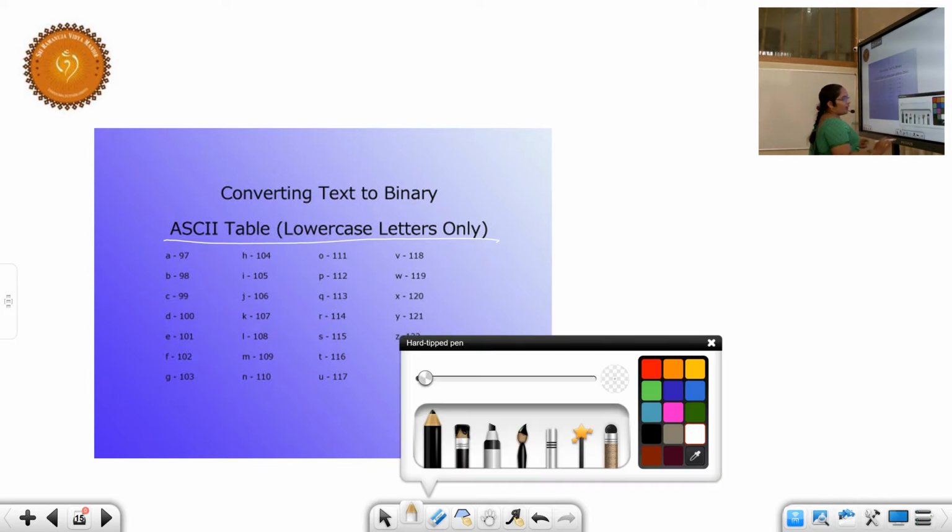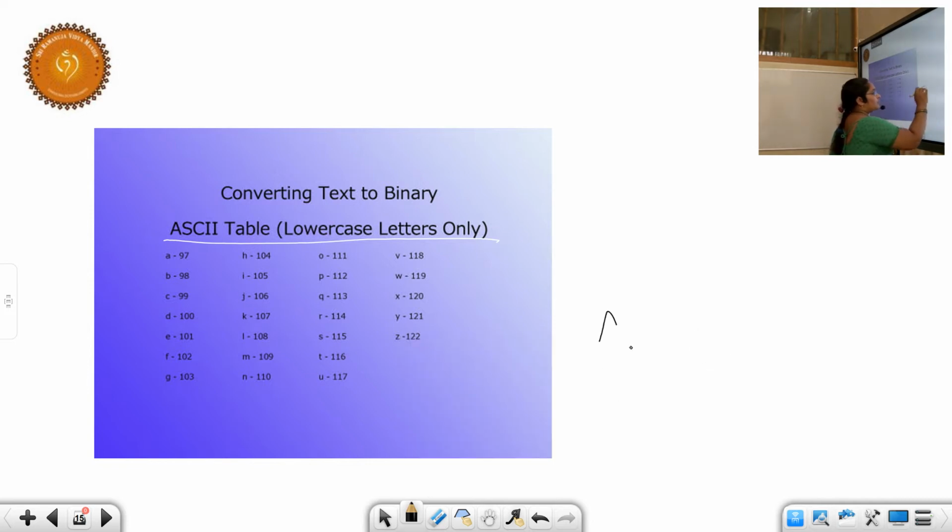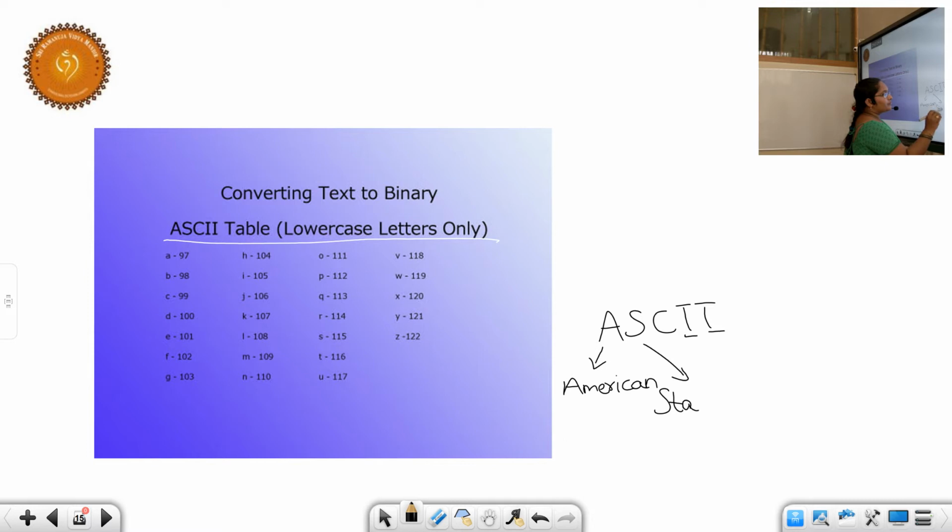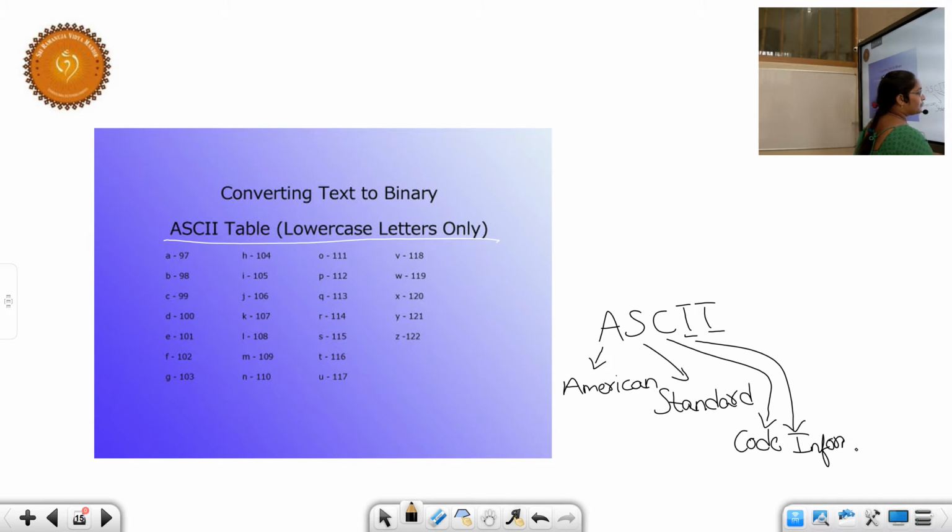So, what is ASCII? A represents American, Standard, Code, for Information, Interchange.